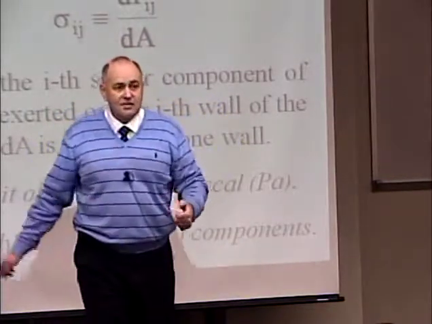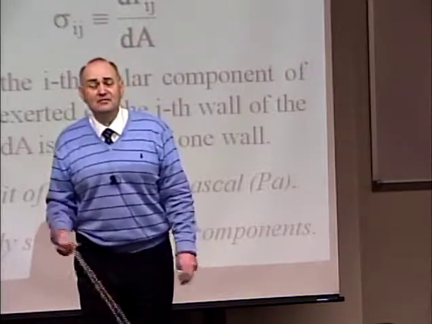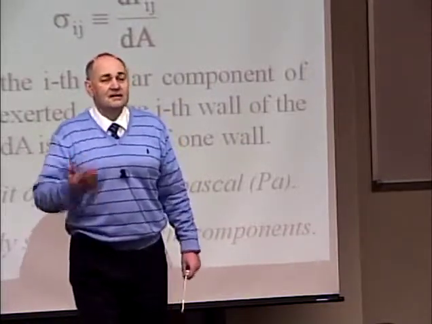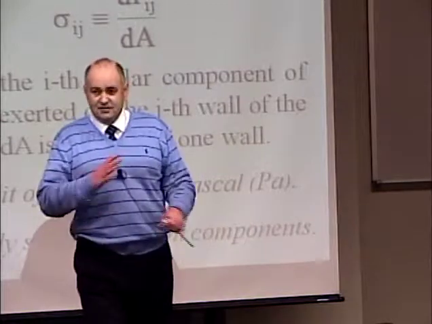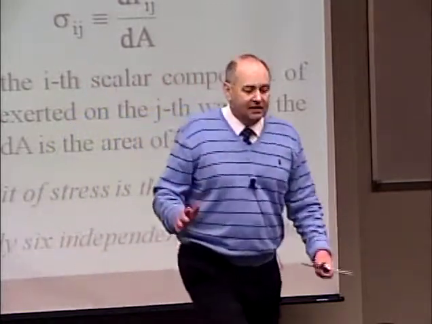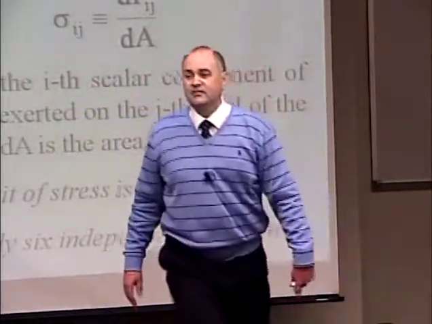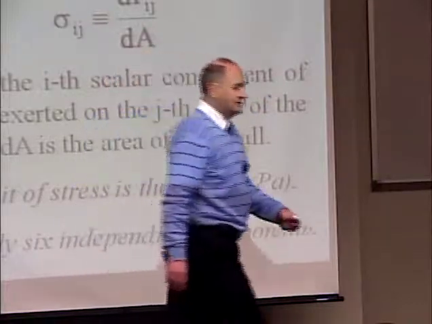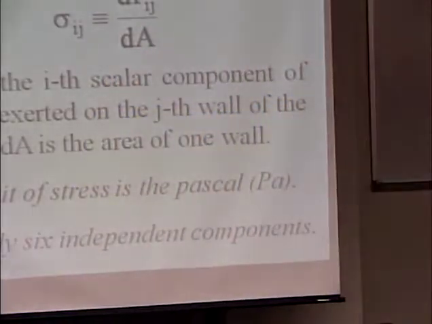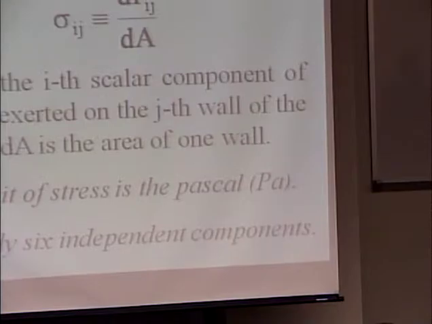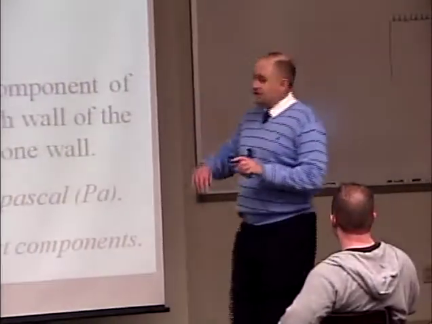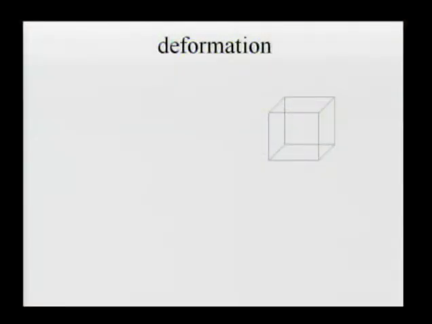So when you walk on the floor, think about it: every time you walk on it, you bend it. If you don't bend it, the floor would never exert support force on you. All right. Now, how an object is bent is described by deformation.